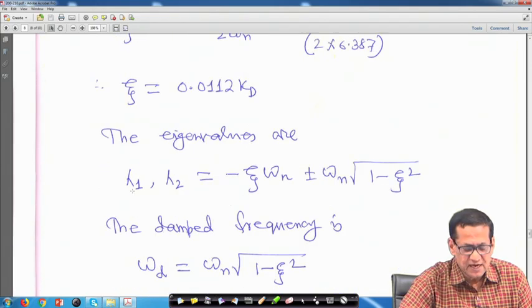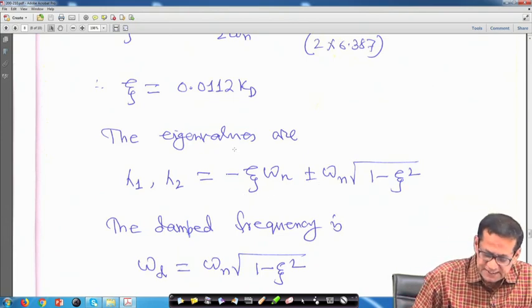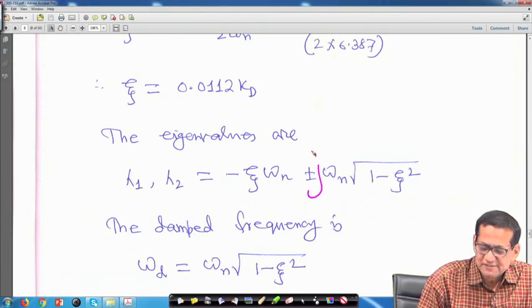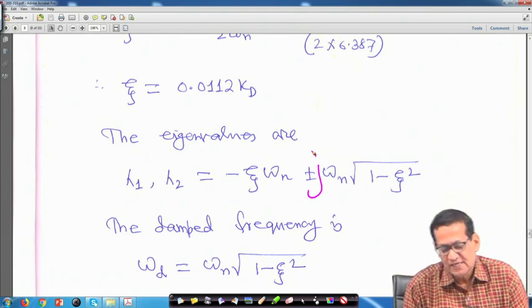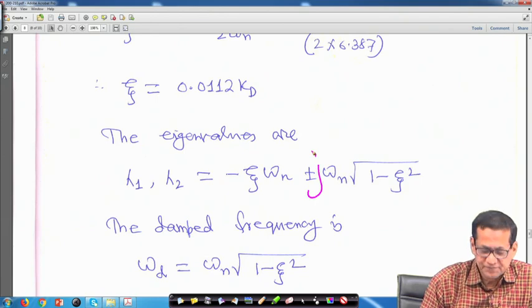So, the eigenvalues lambda 1, lambda 2 can be written as minus xi omega n plus minus j omega n root over 1 minus xi square. I missed the j earlier, so I have corrected that.